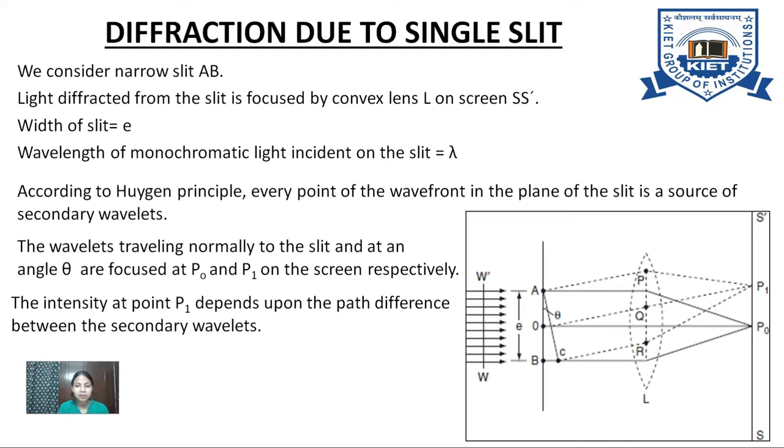These wavelets travel towards the screen SS' and here the wavelets which travel normally to the slit are focused at point P0, and the ones which are diffracted at an angle theta with respect to the horizontal are focused at point P1. We have to find out the intensity at point P1. And we all know that this intensity depends upon the path difference between the secondary wavelets.